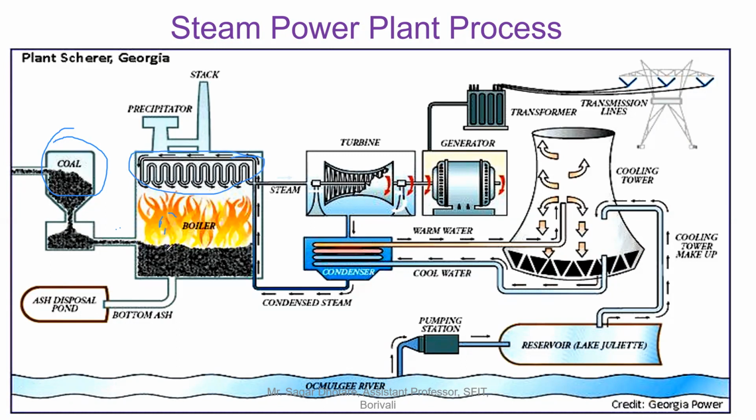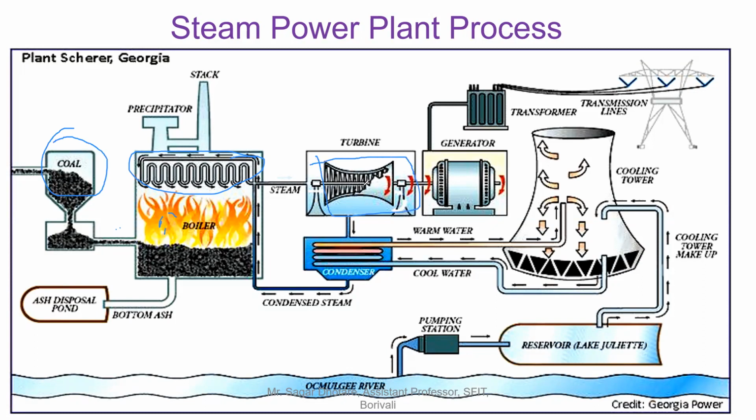So basically, when we apply the latent heat to convert water into steam, that steam is continuously heated, up to the superheat level. That steam we can utilize over the steam turbine.